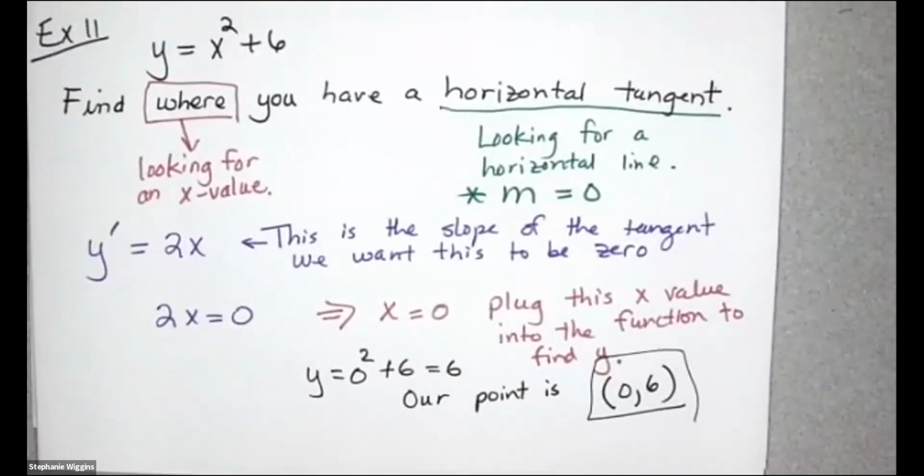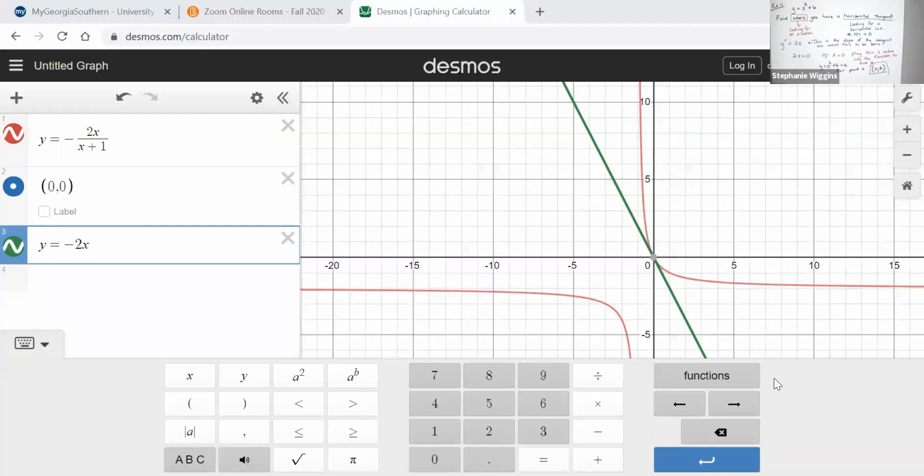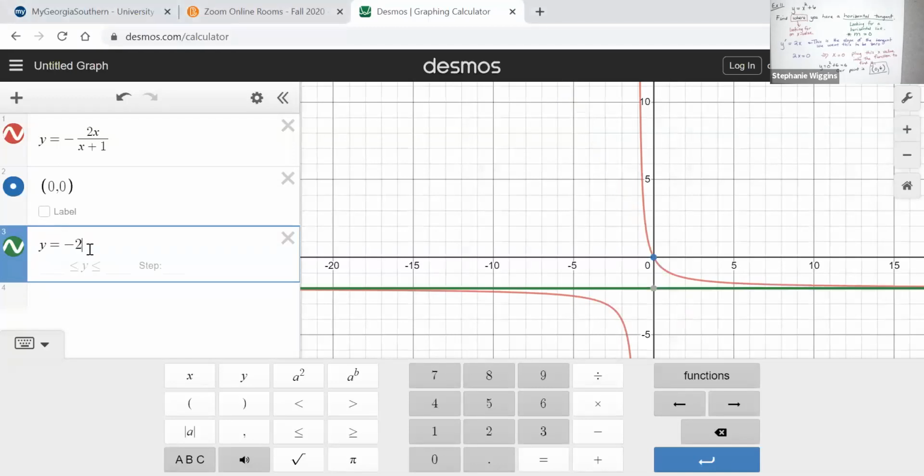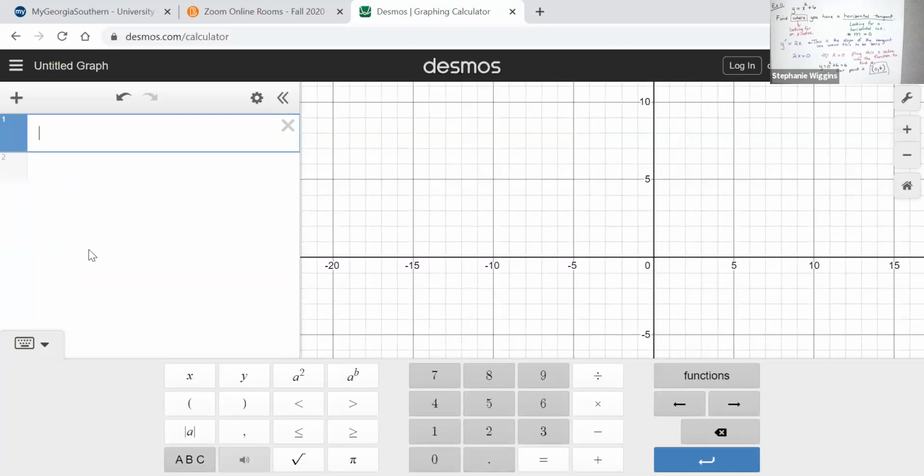So going to Desmos. We have y equals x squared plus 6. Okay, so this is our function.